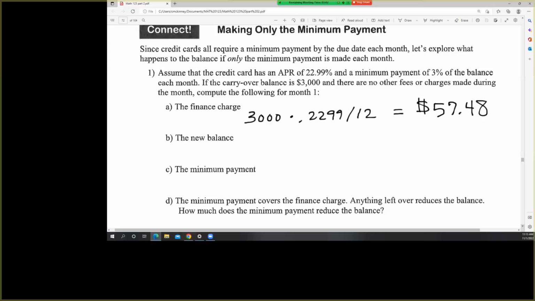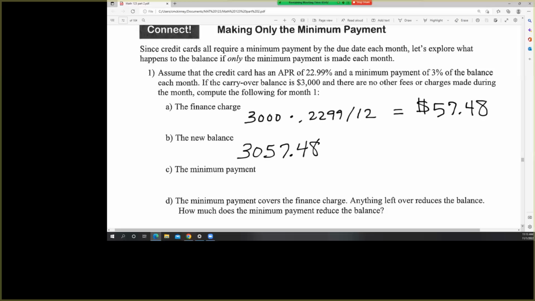So when it was $1.45, it sounded like, oh, that's not so bad, right? But when it's $3,000 and it's $57, we're talking about a pretty good chunk of change that you're just paying out in interest. So then the new balance, $3,057.48.